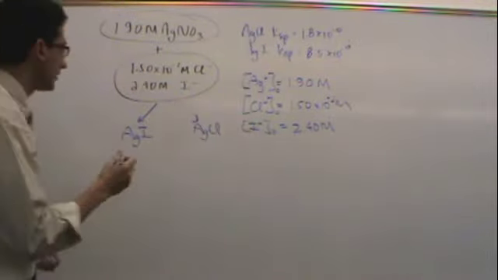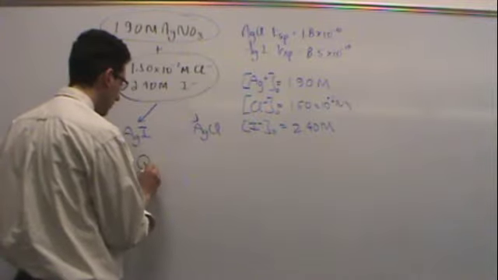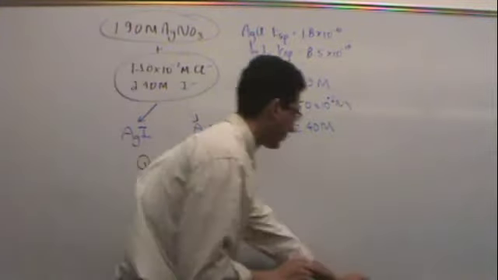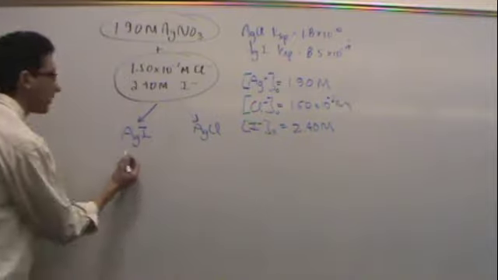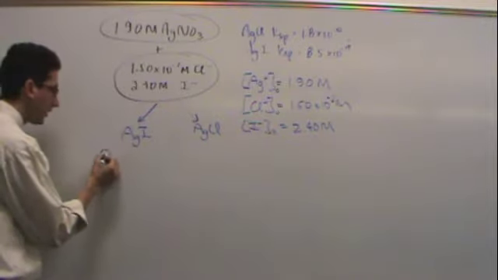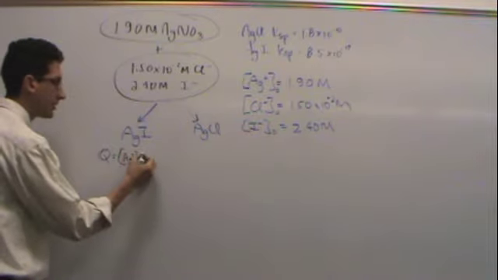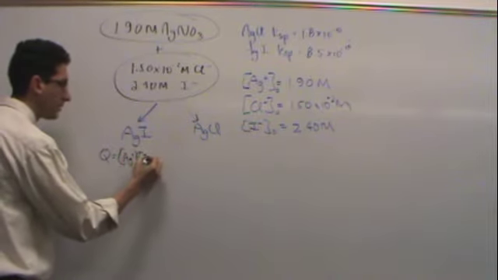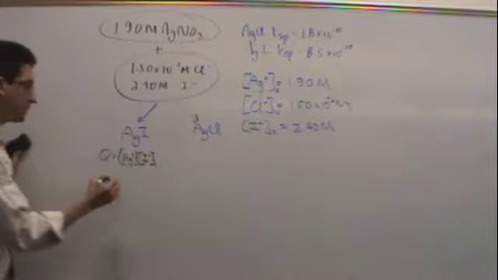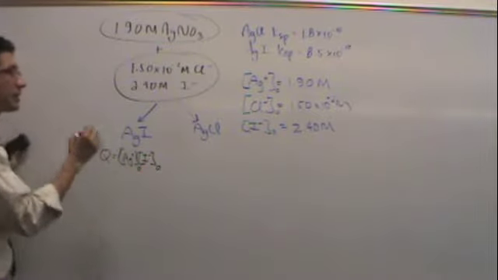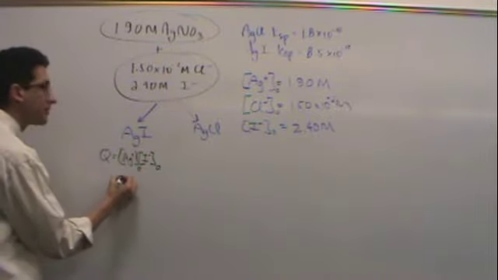So one thing you can do is say, well, Q, let's move this over a little bit. For AgI, the Q of AgI is the initial concentration of the silver times the initial concentration of the iodine. And you can multiply those two numbers.